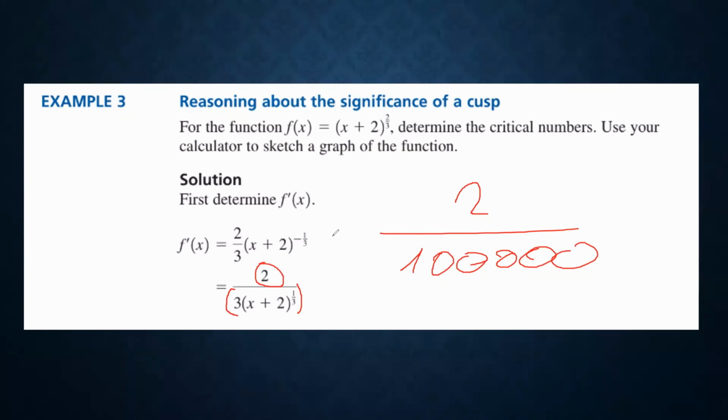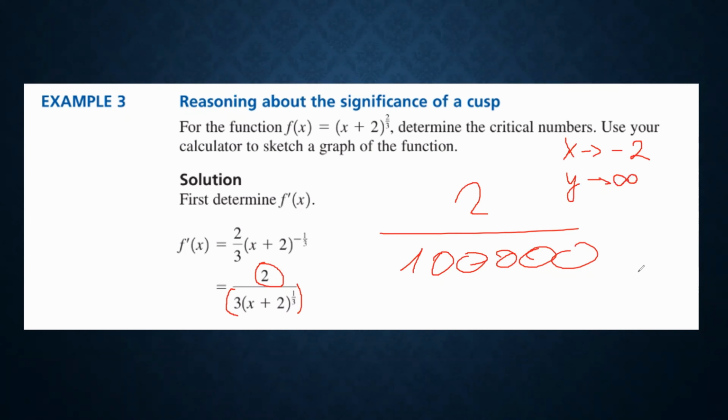I would say as x travels to the point -2, my function would travel to the value of, I believe, positive infinity.